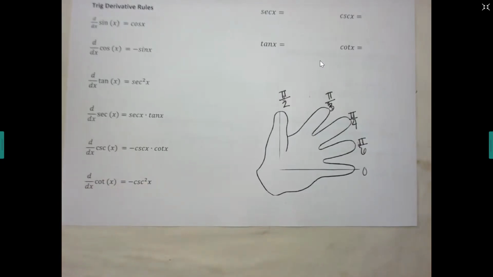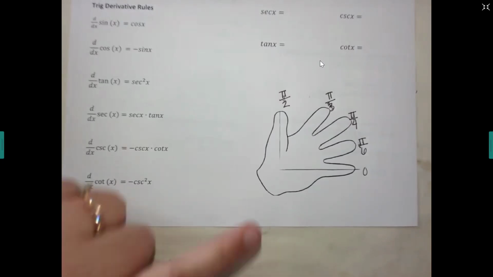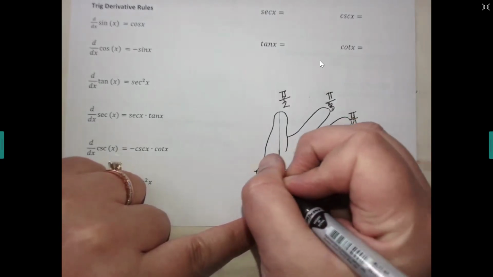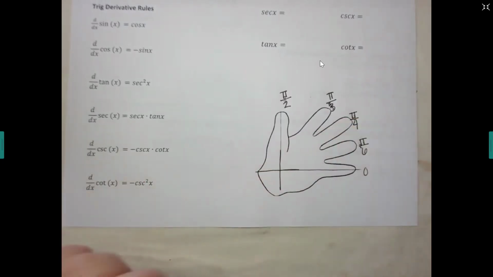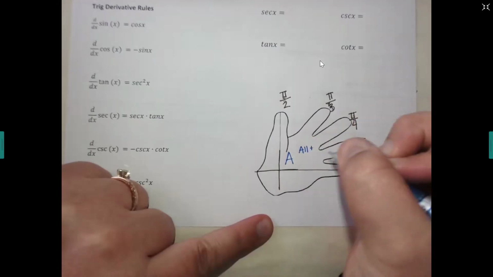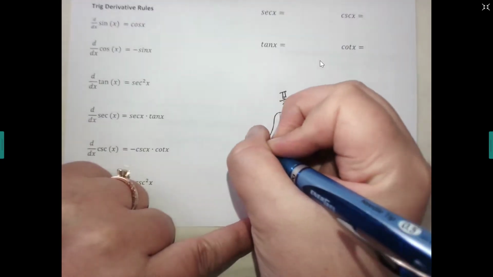The other thing that I want you to make a note of is that if you are not doing one of those original 5 fingers, you need to remember your ASTC chart. So I'm going to put that down here. Remember, it's A, they're all positive. S, only sine is positive.